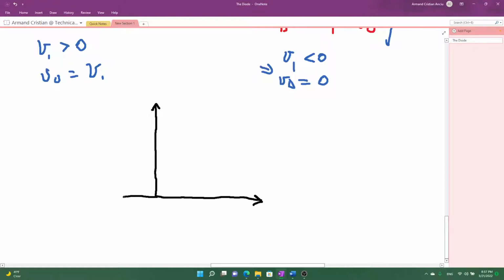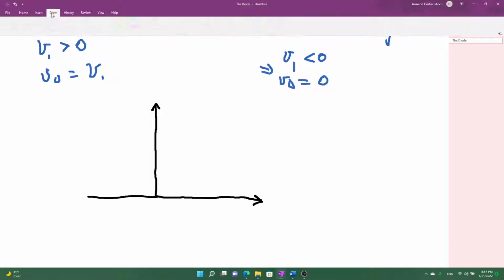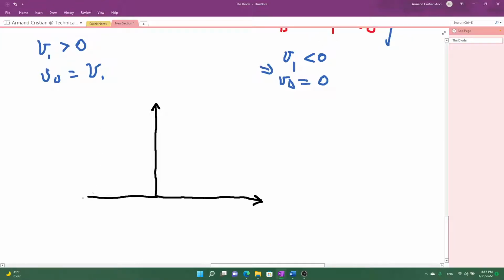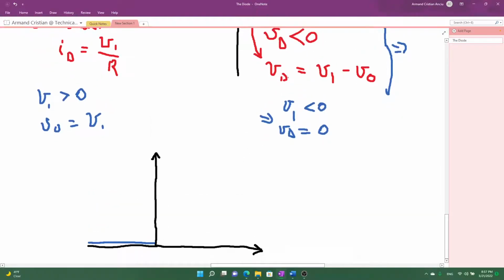I lost the mouse there a little bit. Okay. And our VTC looks a little something like this. Okay. So for when the diode is in the off state, the voltage should be less than 0. And the input voltage should be less than 0, and the voltage across the diode is equal to 0.